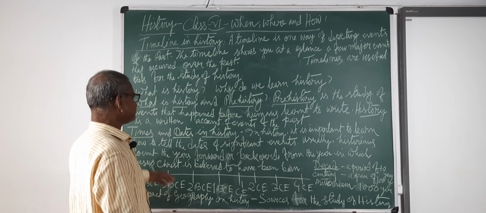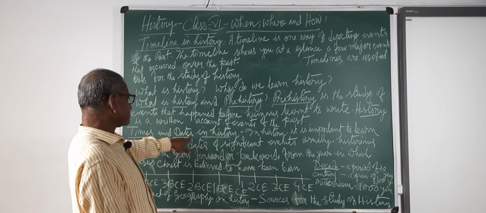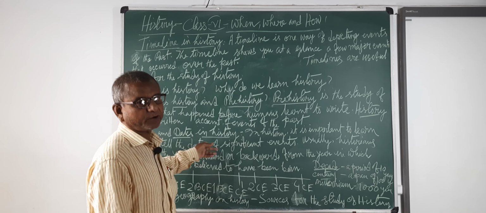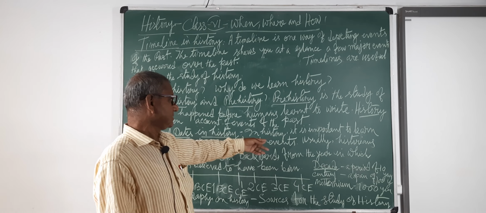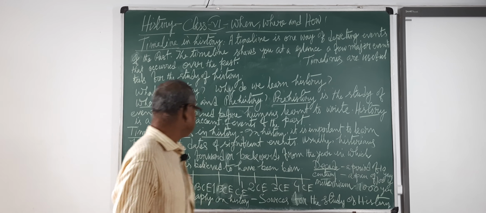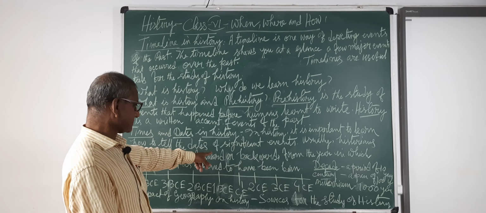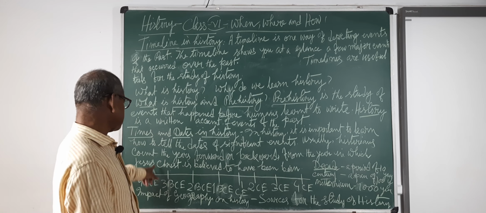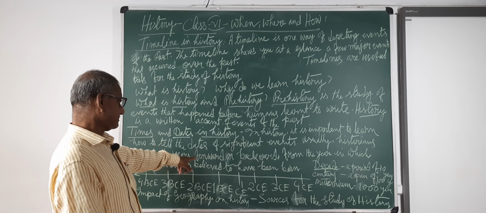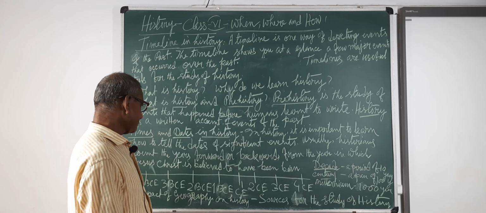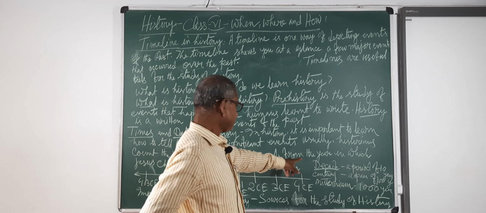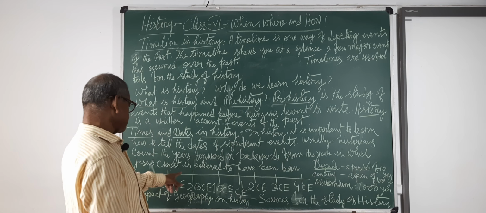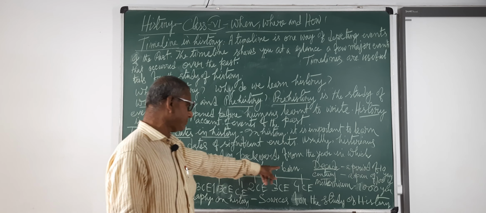Whatever it may be, now times and dates in history are very important. In history, it is important to learn how to tell the dates of significant events. Usually, historians count the years forward or backward from the year in which Jesus Christ is believed to have been born.